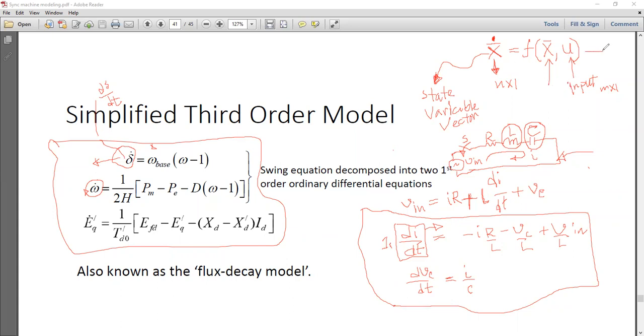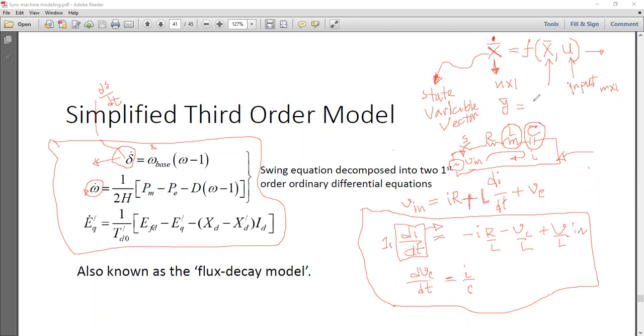Along with this equation, we also have to write down the output equation. So y, it's another vector, but this is in algebraic form. The output equation of the state space model is in algebraic form, but the state vector is in differential form. The output vector is in algebraic form.